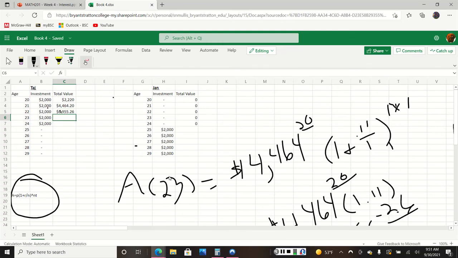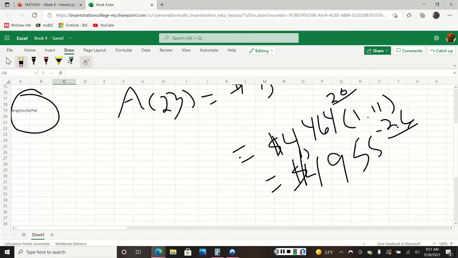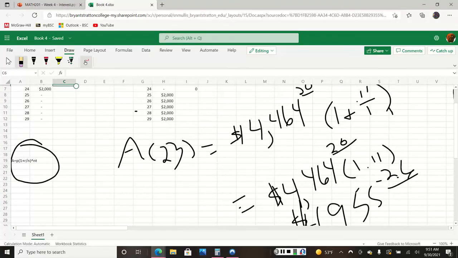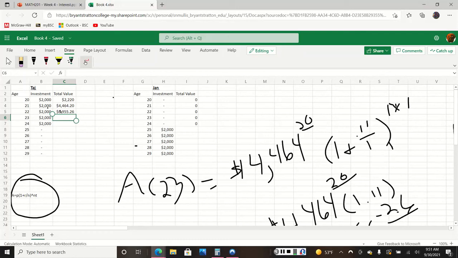So next we're going to move on to age 24. So again, Taj is still investing $2,000. So this will be the fifth and final year because she started at 20.